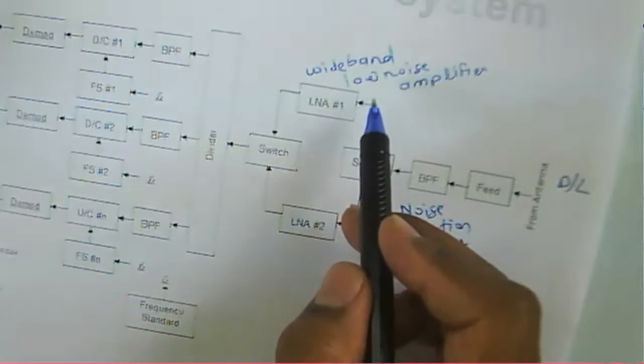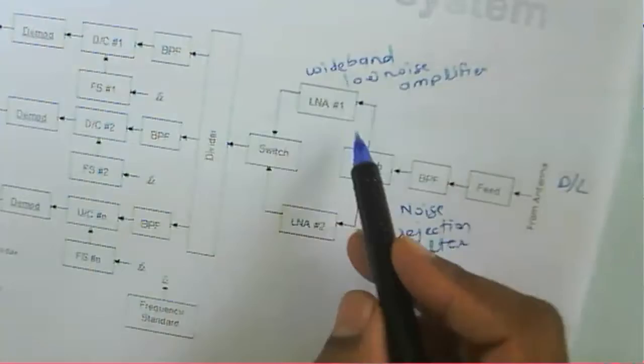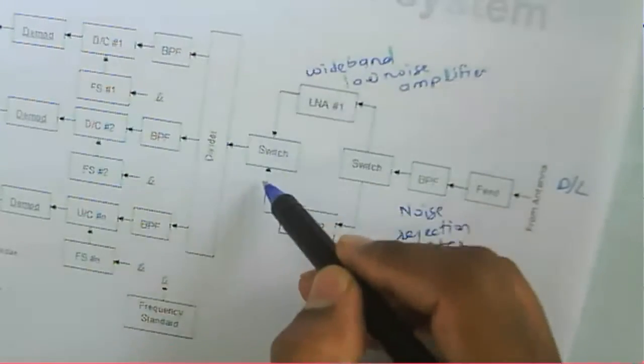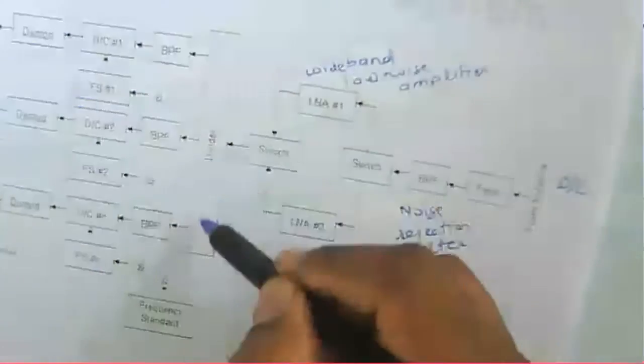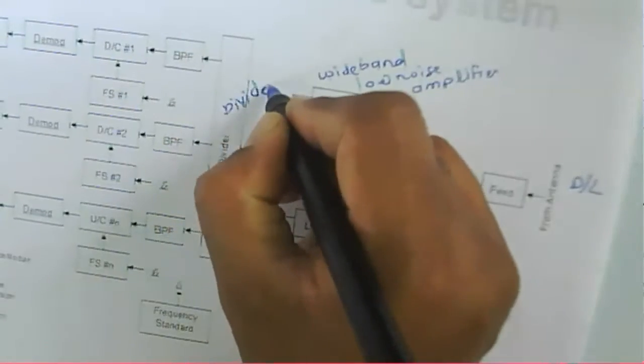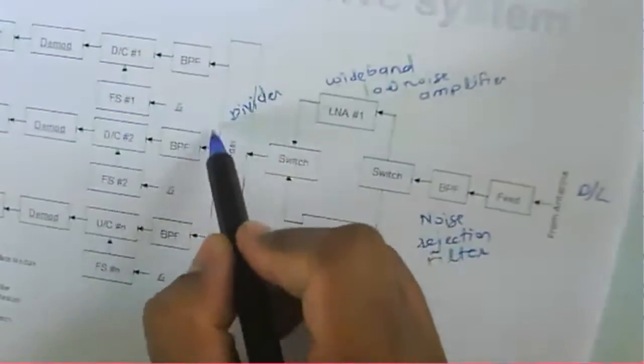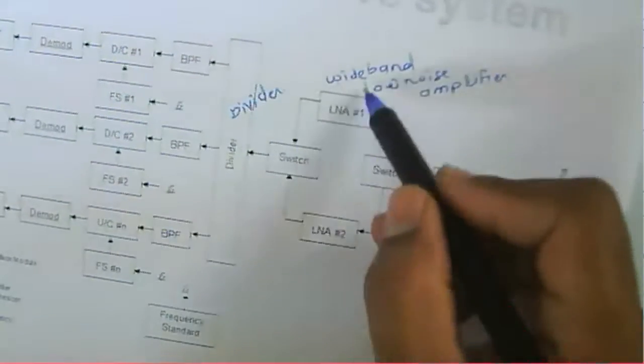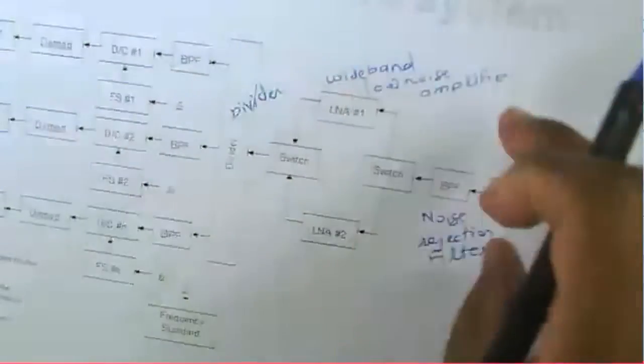Then the signal will be transmitted to the switch, and here we have the divider. This is the divider because there are two LNAs used. One is standby. One of the LNAs is to be used.